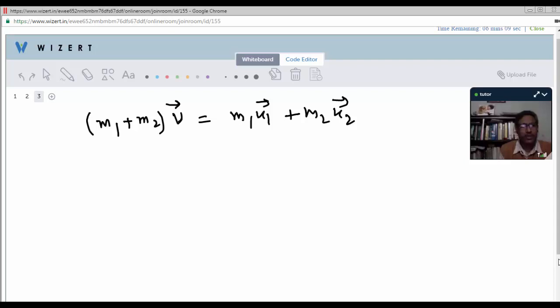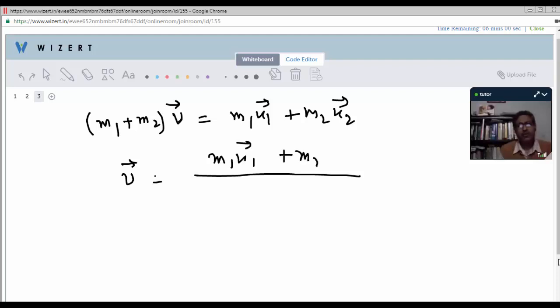So we are finding v, which is equal to m1 u1 plus m2 u2, divided by m1 plus m2. That means the sum of the two masses is in the denominator.